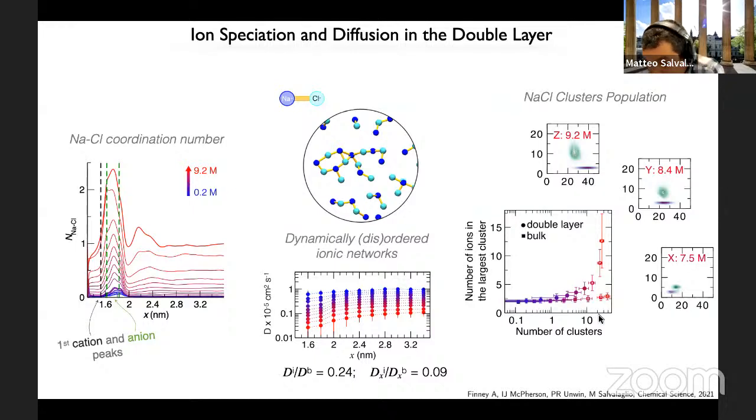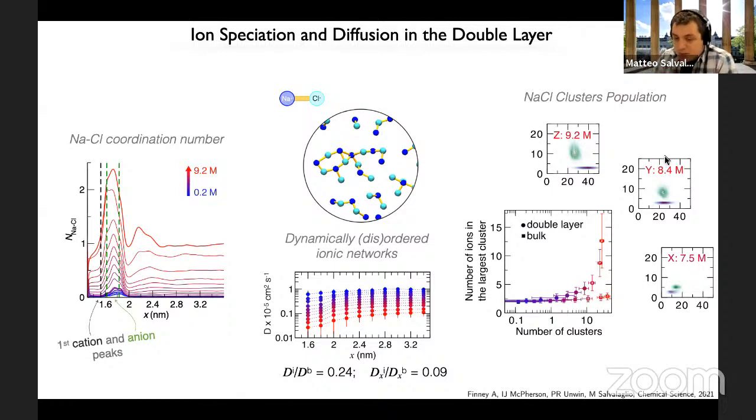And there are two data sets on this plot. One data set is represented by squares, which are here on the bottom, and the second data set is represented by circles. And the color code goes from low concentration to high concentration. So as we move from blue to red, we go from low concentration to high concentration.